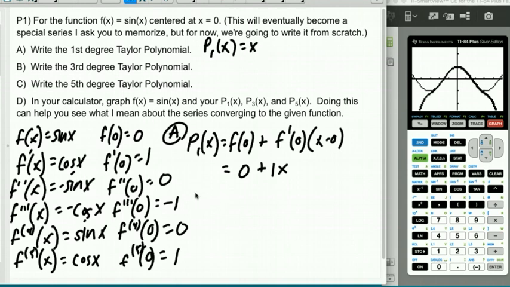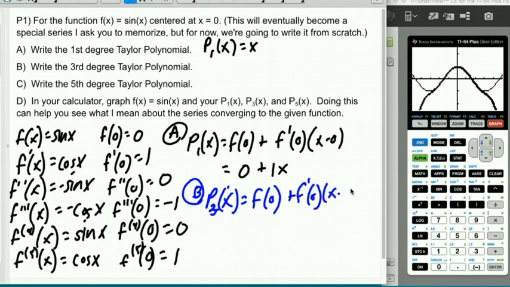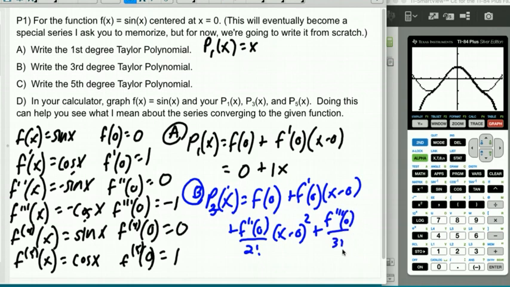When I go to do B, my P sub 3 of x is going to be f of 0 plus f prime of 0 times x minus 0 plus f double prime of 0 over 2 factorial times x minus 0 squared plus f triple prime of 0 over 3 factorial times x minus 0 quantity cubed.